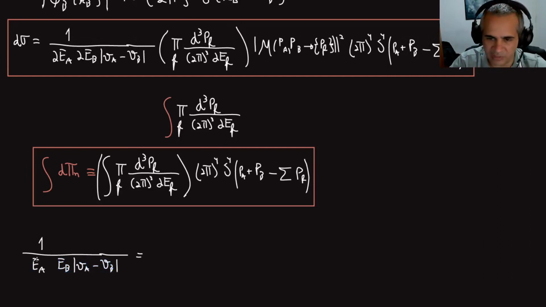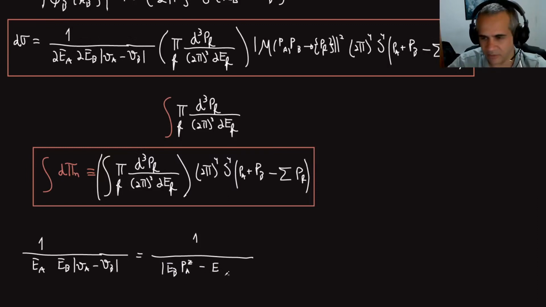I can put this EA times EB inside and multiply the velocities. When I multiply the velocity, I get momenta. So this is EB PA in the z direction, minus, because this velocity was in the z direction, EA PB in the z direction.